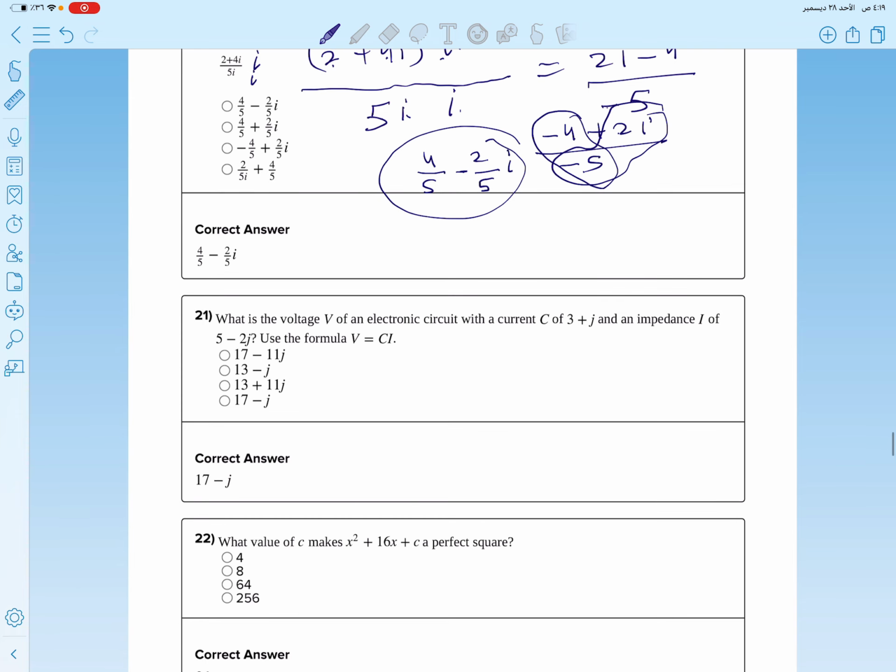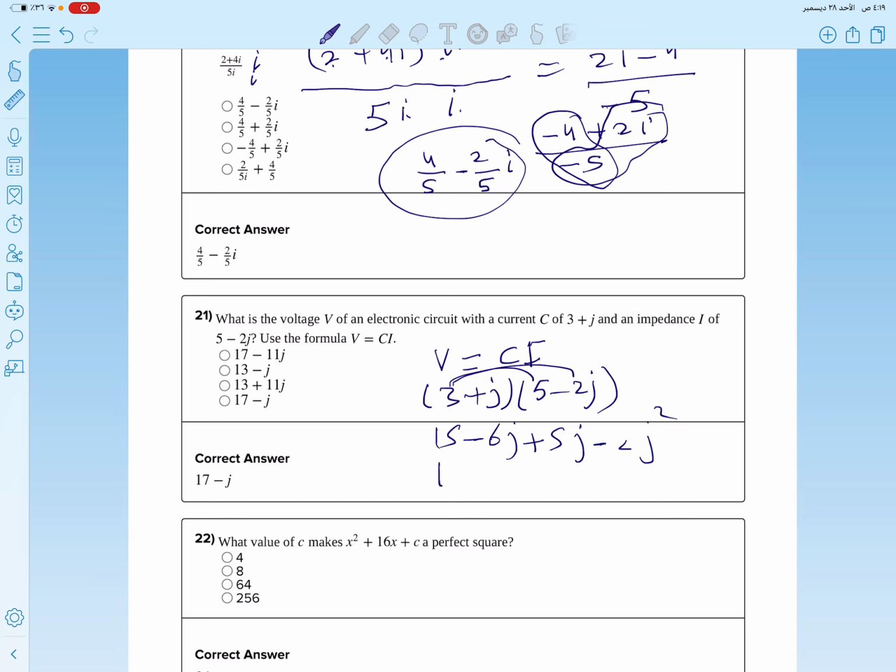What is the voltage V of an electric current with a current C? I need to use this formula, V equals C times I, and multiply (3 plus j) times (5 minus 2j). 3 times 5 is 15. 3 times negative 2 is negative 6j, plus 5j, negative 2j squared.